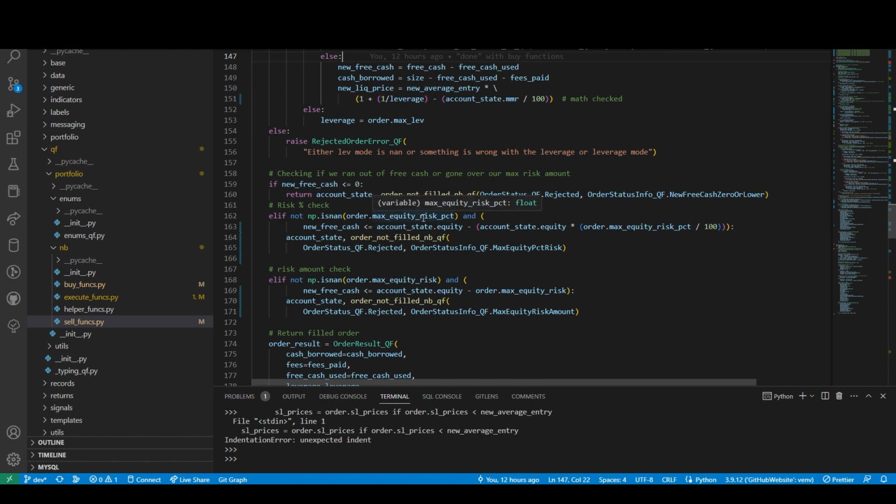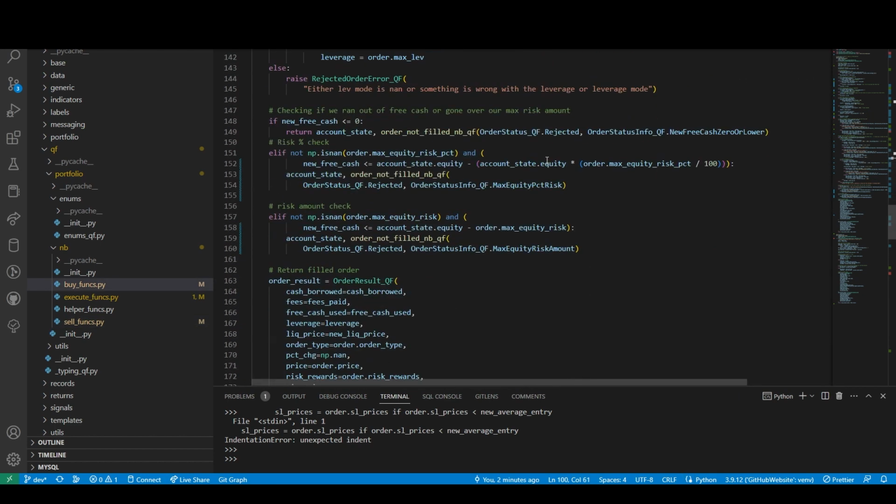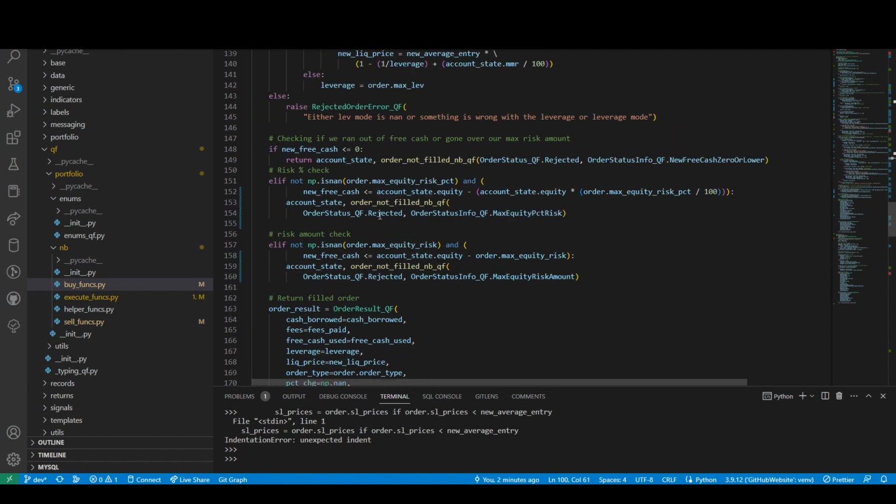So if max equity risk percent, didn't I already check the math on these things? Max equity percent risk. Risk percent check if this is not NaN and new free cash is less than or equal to this minus. Wait, what?